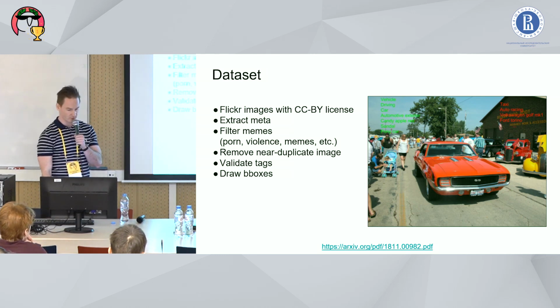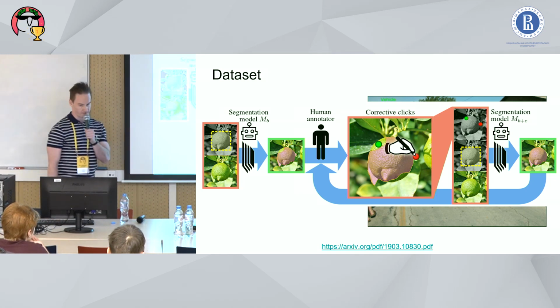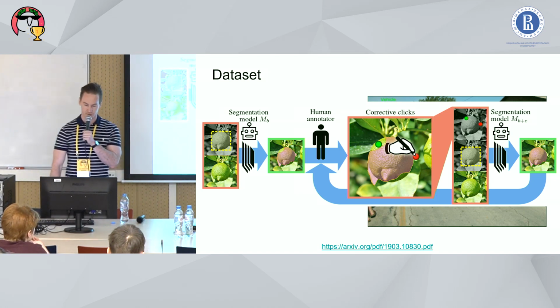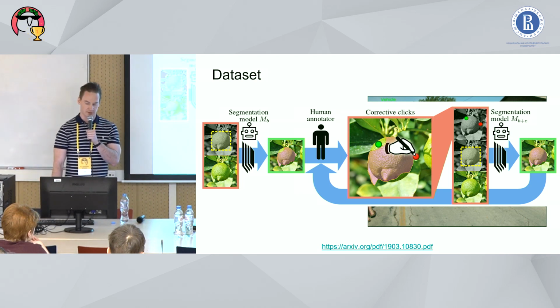So when this procedure leads to bounding boxes, then they make some kind of automatic annotation with masks. On the first stage, they train a segmentation model to make automatic annotation of the segmentation masks. And then human annotators make some kind of interactive annotation using just clicks.